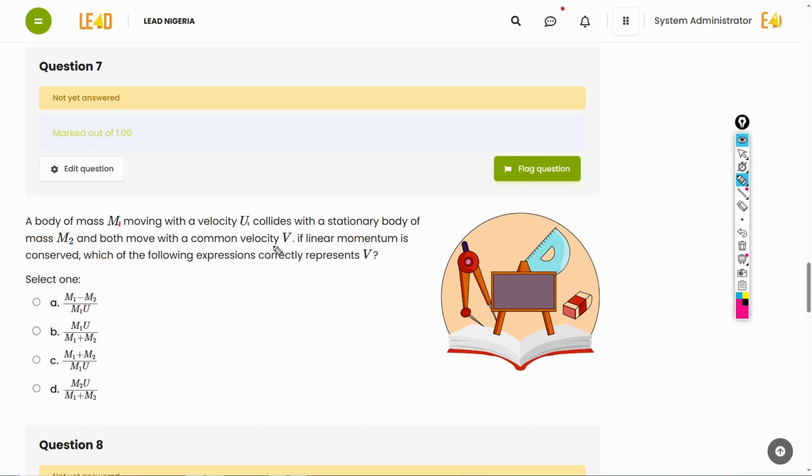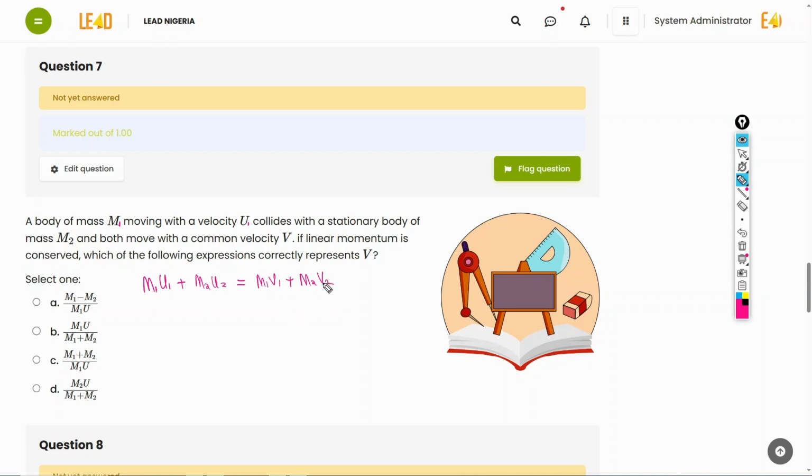So we can write out the formula for the relationship. Normally that will be the initial momentum, that's m1u1 plus m2u2, right? That's the total initial momentum, is equal to m1v1 plus m2v2.